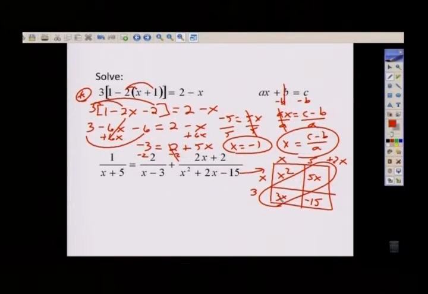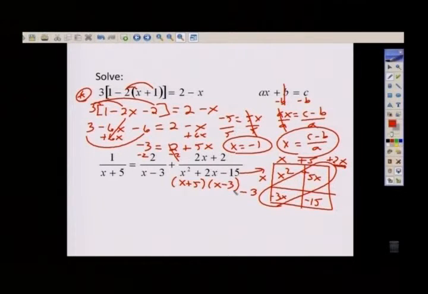And I need to have a positive 2x when I'm done, so I want the 5x to be positive and the 3x to be negative, so that adds up to 2x. So I'm going to go plus with the 5 and negative with the 3. So I get x squared factors into x plus 5 times x minus 3.